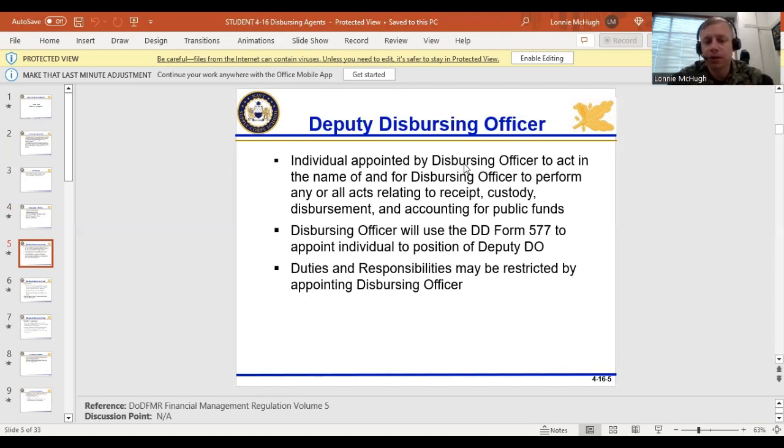They will be appointed using a DD Form 577. And this is what that form looks like. Can you all see this form? Not yet, sir.